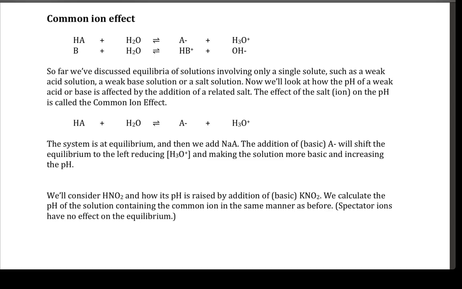Okay, so let's take a weak acid, HA, and put that in water. It's in equilibrium with A- plus H3O plus. The system is at equilibrium, let's say. Then we add NaA, where NaA is a salt. It's a related salt because the anion A- is the same anion that's part of our acid reaction.